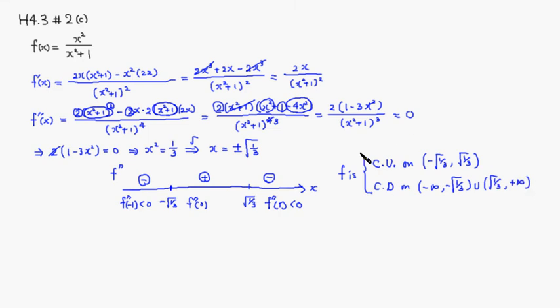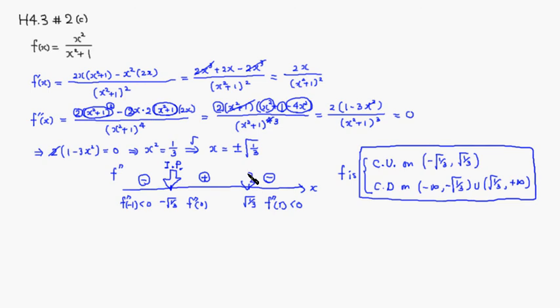Those are the intervals of concavity. You can see there's a concavity change at x equals negative square root of 1/3, so there will be an inflection point, and also at positive square root of 1/3, where the concavity change occurs, so you have an inflection point there too.